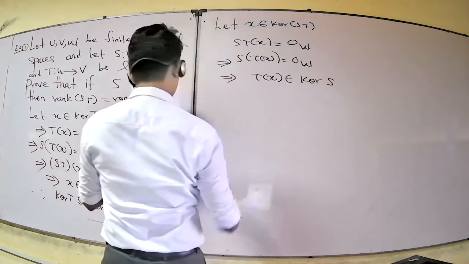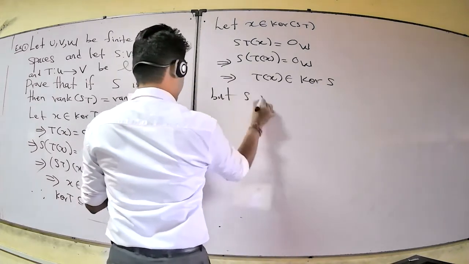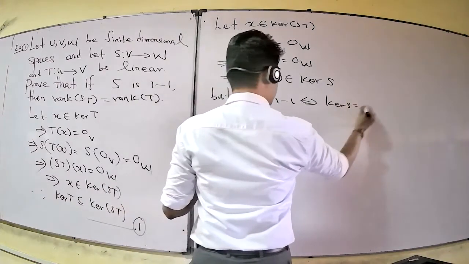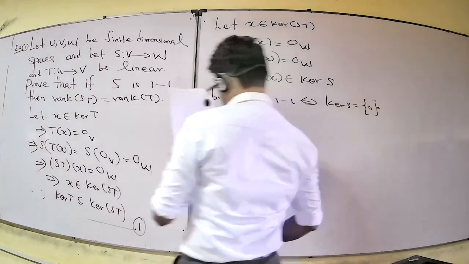But you have the condition S is 1 to 1 if and only if kernel of S equals singleton 0.